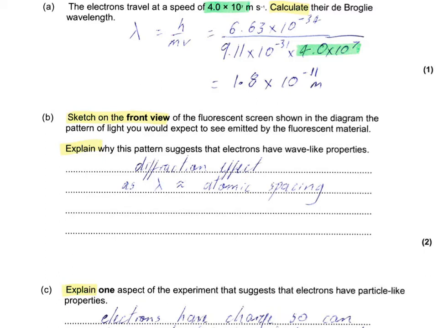The reason this is circular rather than those kind of band patterns is because it's polycrystalline, so we've got different crystals of the graphite in different orientations, so we're getting the bands in all different orientations, which kind of spins around and gets that circular pattern. It may be worth mentioning in there that we're getting some significant diffraction because the wavelength is approximately equal to the atomic spacing.